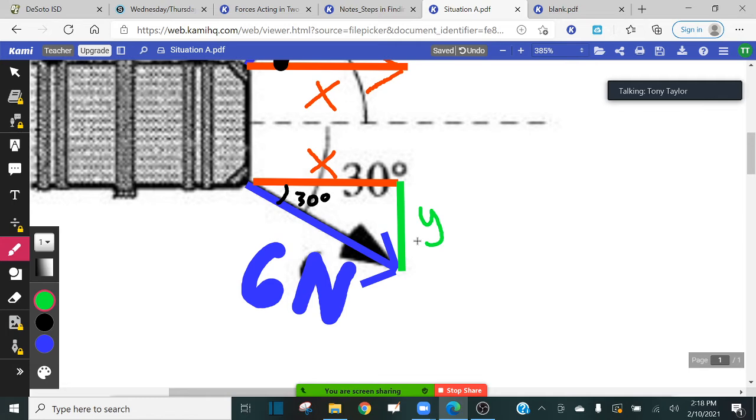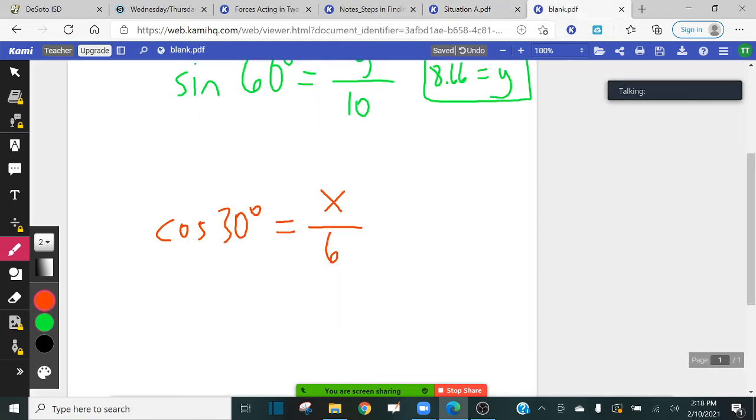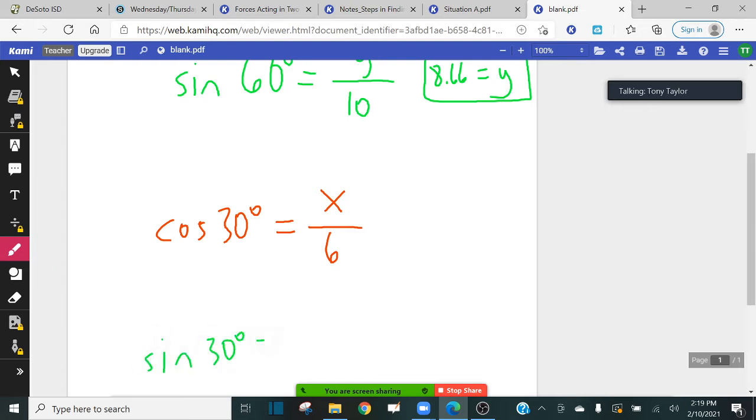For y, I'm going to use sine, because this is the side opposite my angle. So sine of 30 degrees is equal to y divided by 6.